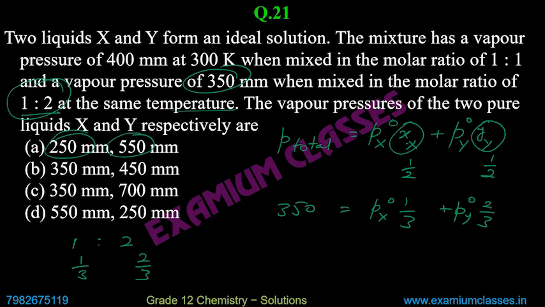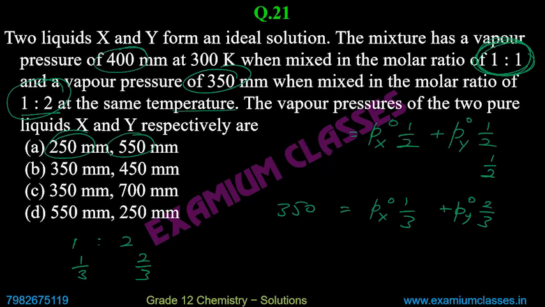Otherwise, if you think that you need to solve it, then substitute here 1 by 2. In first case, it is 1:1. That's why I have written 1:1 will be 1 by 2 and 1 by 2 mole fraction. And this 250 is given 400. So if you want to solve, you can solve.